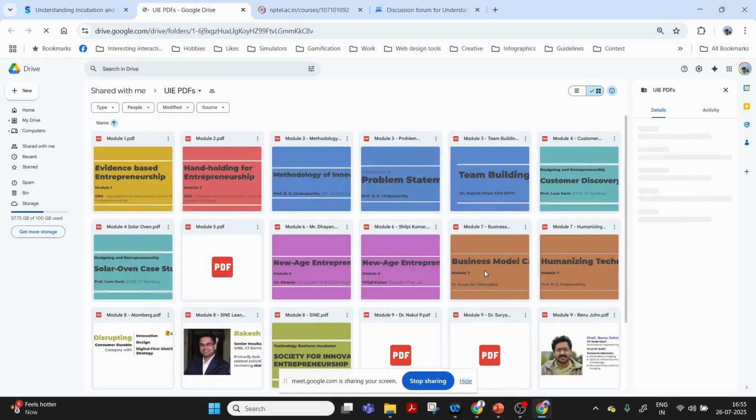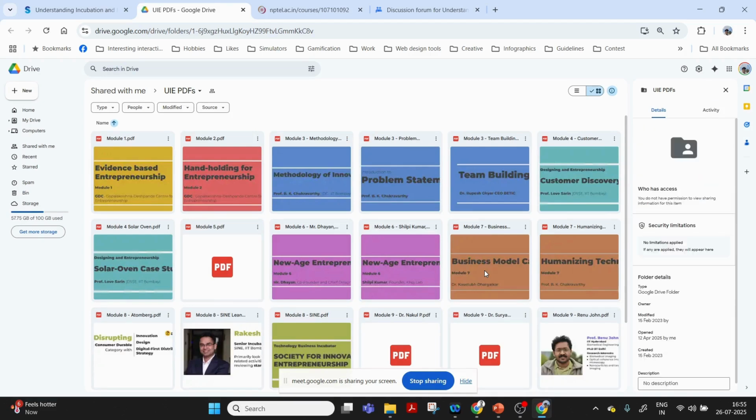Especially from the revision perspective, going through PDF content is a lot easier, quicker and more manageable, right? Because going through the video content is a little challenging. But even if you're watching the YouTube content, I would suggest you manipulate the playback speed.